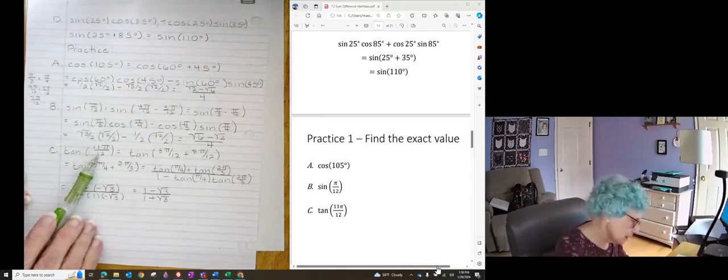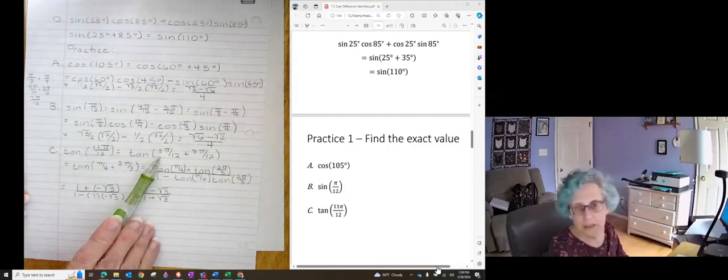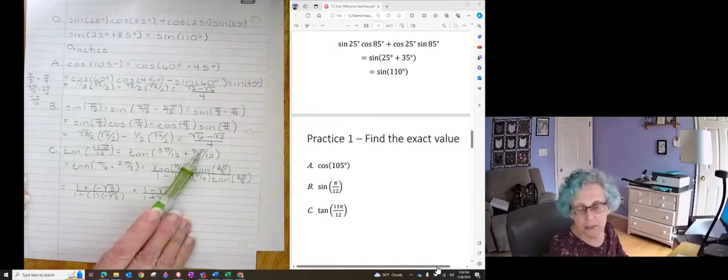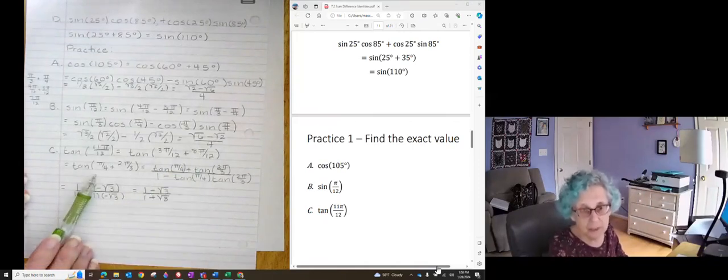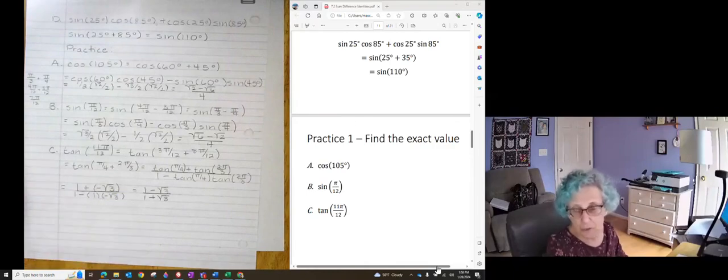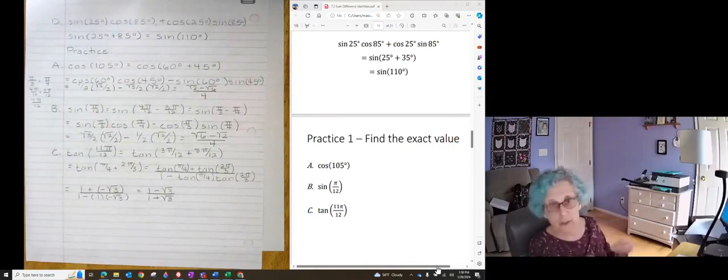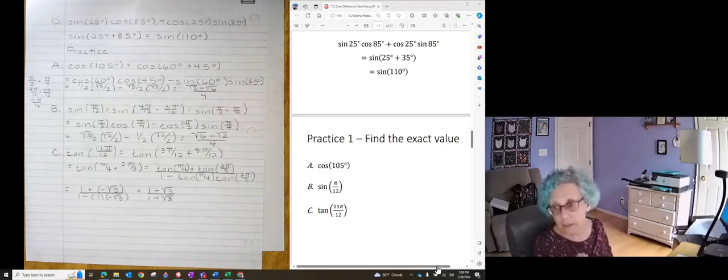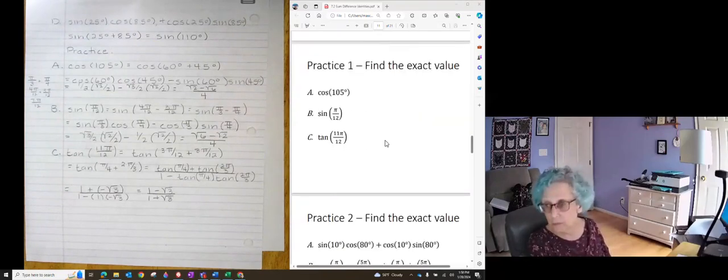And then finally, for tangent of 11 pi over 12, I wrote it as 3 pi over 12 plus 8 pi over 12, which is pi over 4 and 2 pi thirds. So you just have to use your creativity and rewrite those so that you have something that you know the exact answer for.